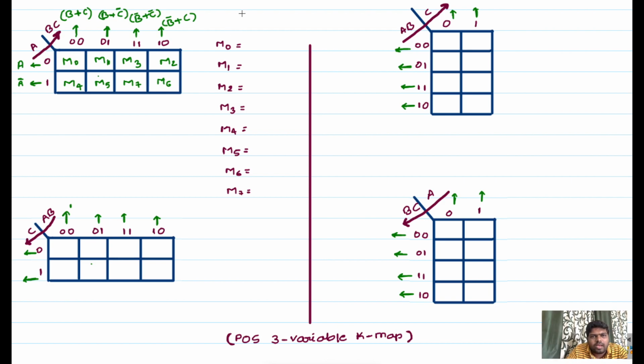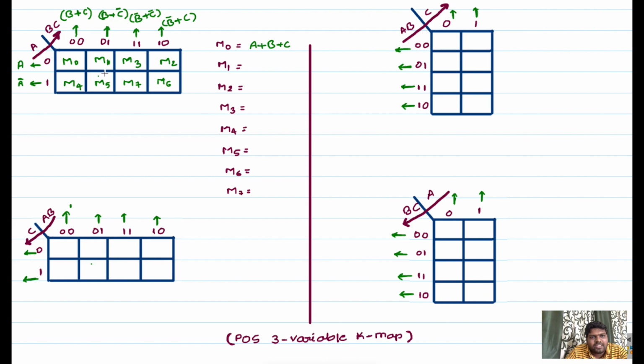M0 square box is associated with A and B plus C, so I can take A plus B plus C. This is our sum term.